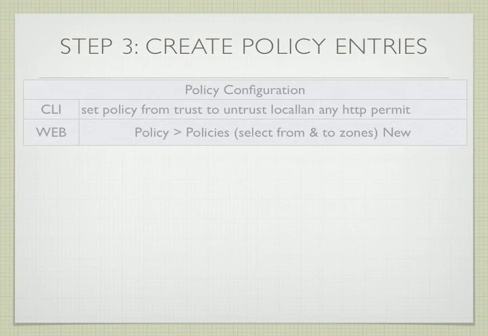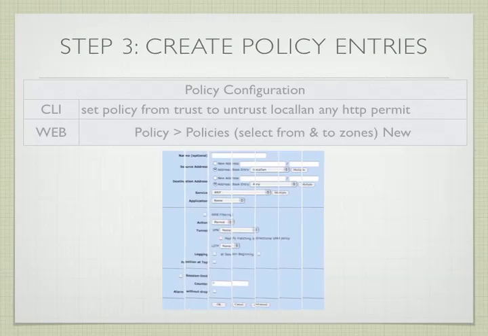In the web, this is under policies. Before you can create it, you have to select this first thing, trust to untrust. When you first go into policies, it lists all the policies from all of the zones. So you have to narrow it first from the two zones you're going to create the policy from and to, left to right.